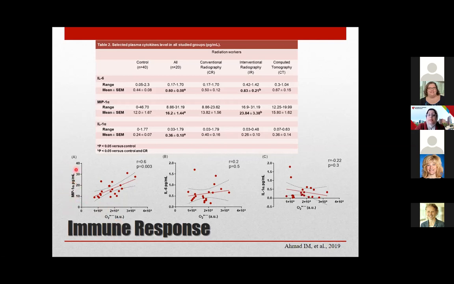We did the same thing with MIP-1 alpha, and we saw the same trend, which is incompatible, again, with the LNT model, and that has to be interpreted with caution.